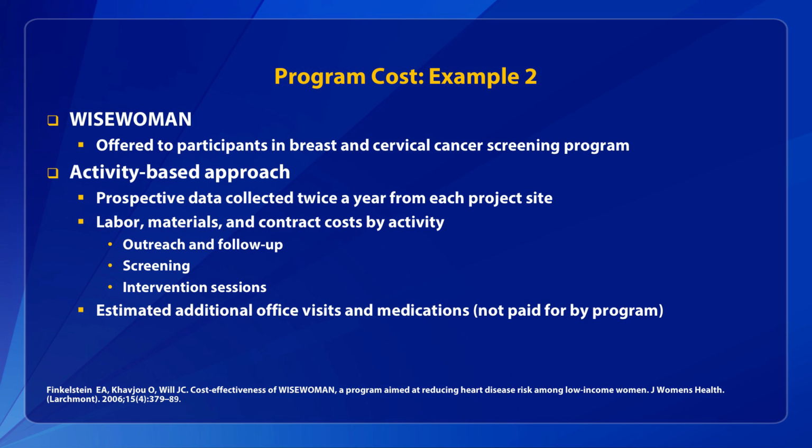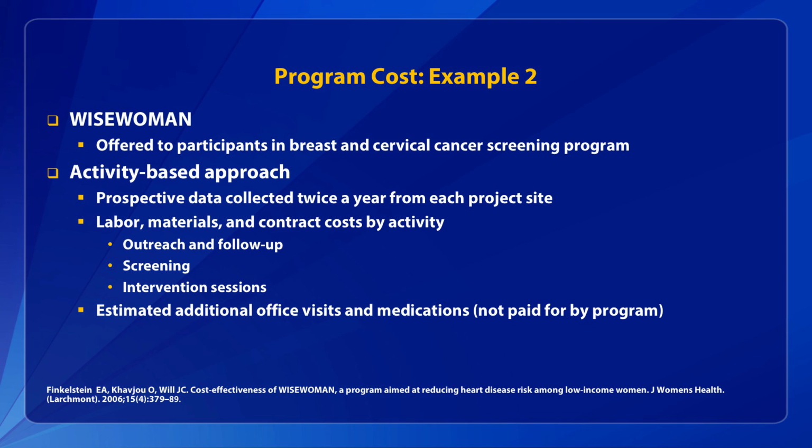An example is the cost-effectiveness analysis of the WISEWOMAN program. To assess programmatic costs in this study, the authors used an activity-based approach. They defined the activities associated with the intervention and then assessed the resources required for each activity. The authors collected costs prospectively as the program was implemented.